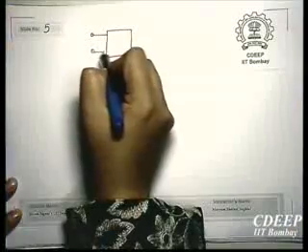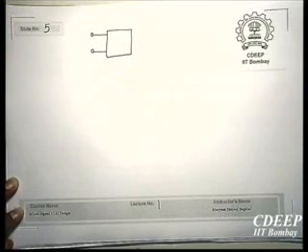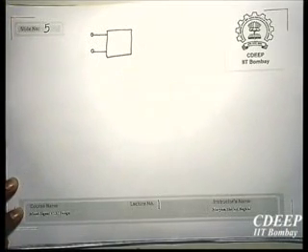Do you know what is a port? If you have a network, a port is defined as two terminals such that when current flows from one terminal into the network, the same current will leave the network at the other terminal.